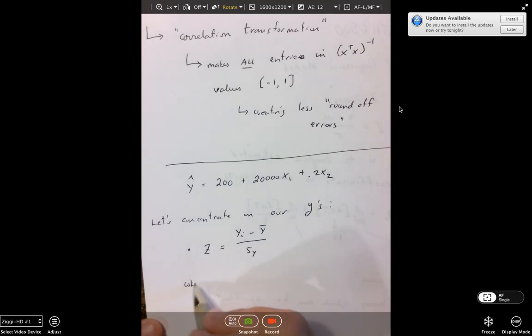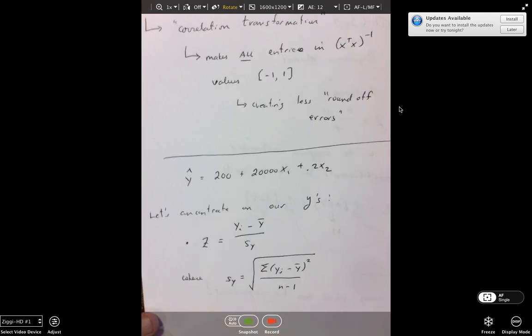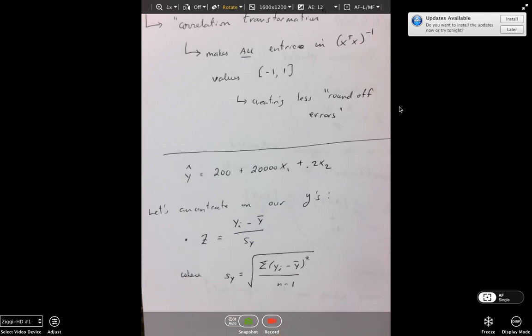We should know this, but I just don't want to leave any stone unturned. The standard deviation of our y's looks like this.